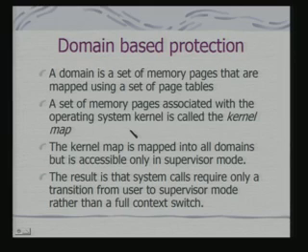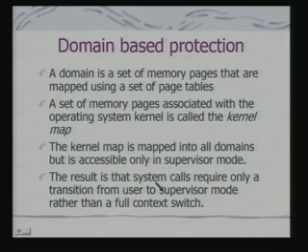Now, we come to domain-based protection, because MMUs also provide domain-based protections. Okay. In fact, a domain is a set of memory pages that are mapped using a set of page tables. A set of memory pages associated with the operating system kernel is called the kernel map. The kernel map is mapped into all domains, but is accessible only in supervisor mode.